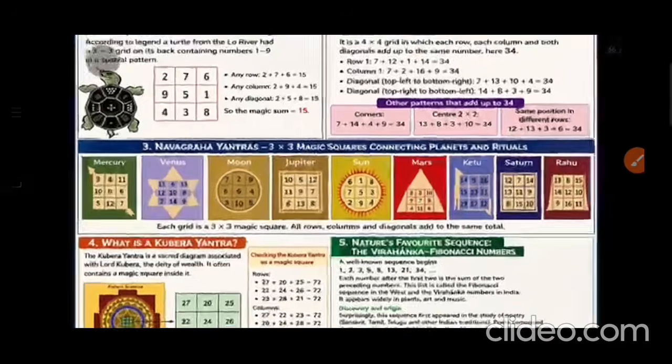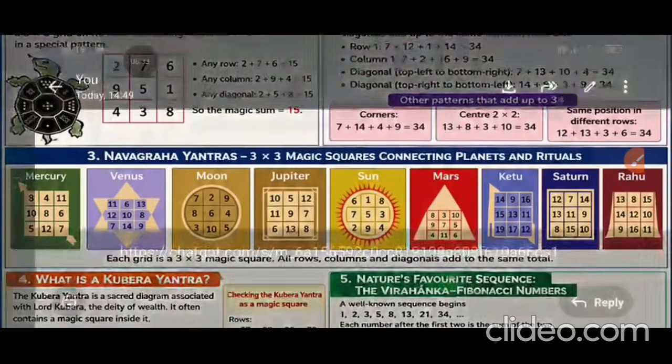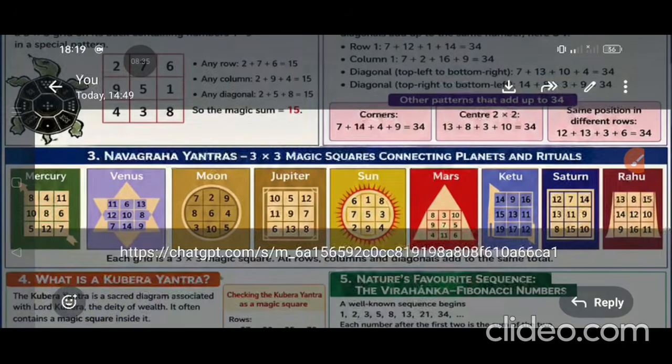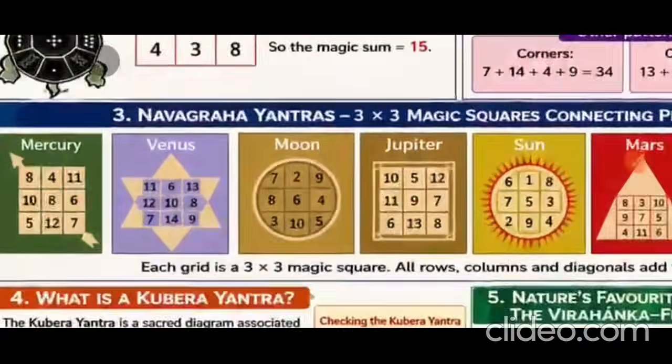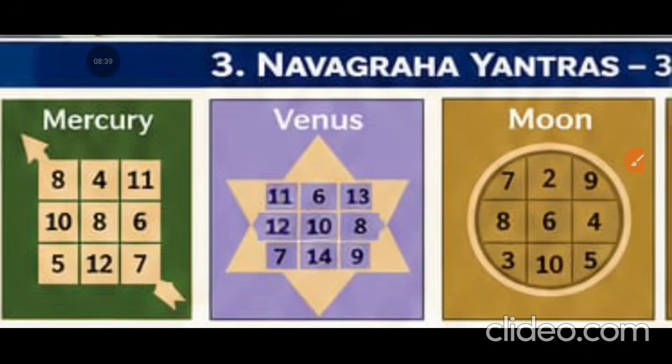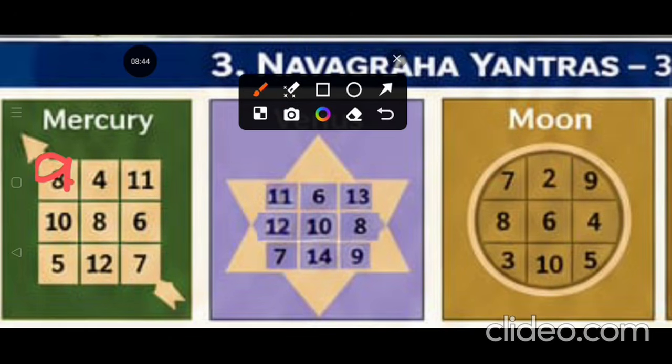In this magic square, the middle number is 8, and the sum is 24. If we add these numbers, 9 plus 4 plus 11: 9 plus 4 is 13, 13 plus 11 is 24. 10 plus 8 plus 6 is 24. 5 plus 12 plus 7 is 24.